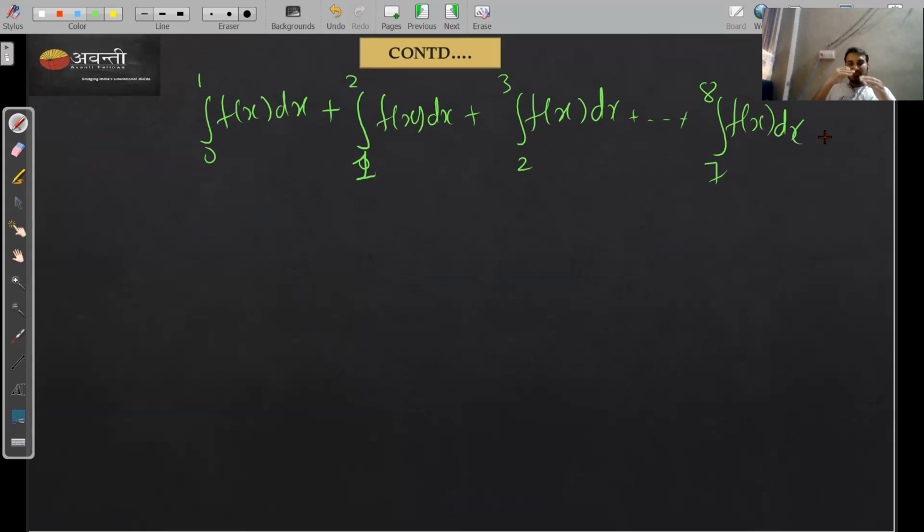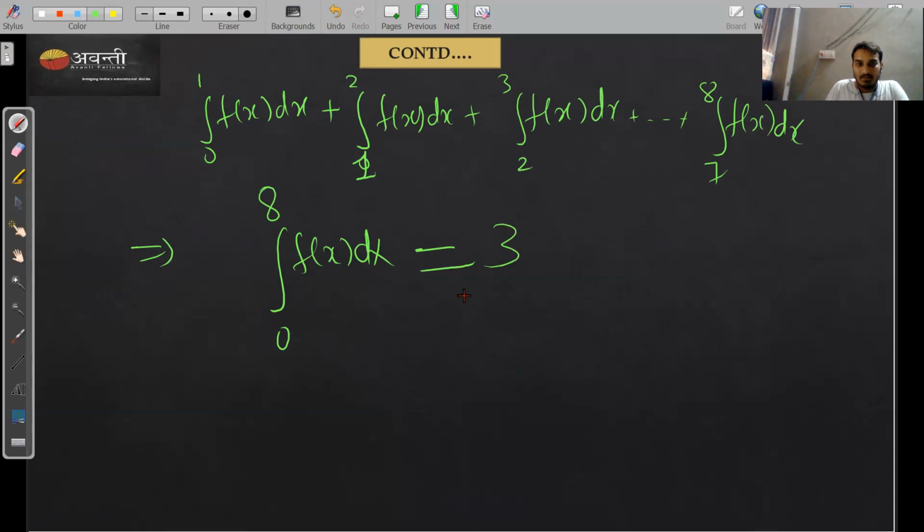Now see, integration 0 to 1, then 1 to 2, then 2 to 3, 3 to 4, like that up to 7 to 8. So this is nothing but integration 0 to 8 f of x dx, right? Which is 3. So this is your answer.